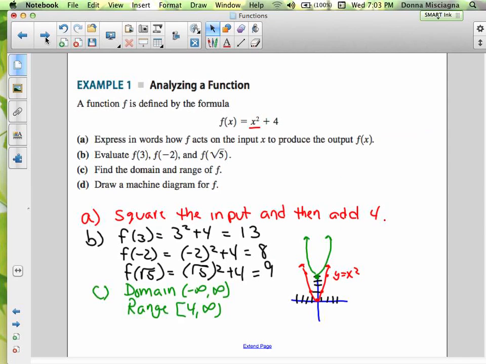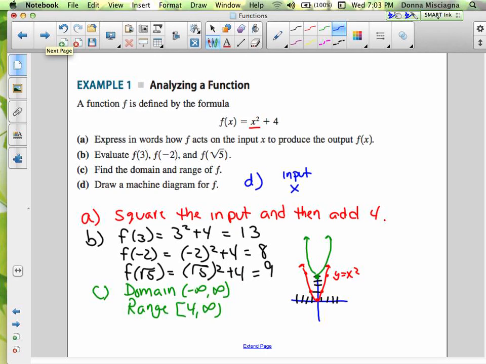So I don't know how well mine is going to look, but we have our input, which is x, and just call that the machine. Good enough machine.